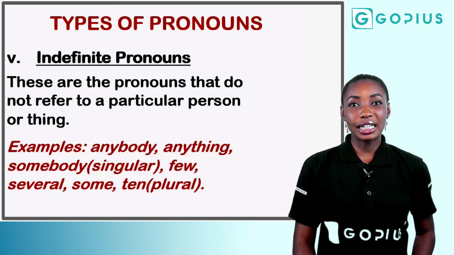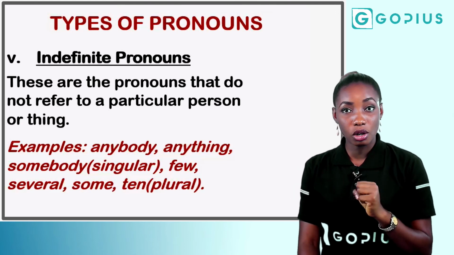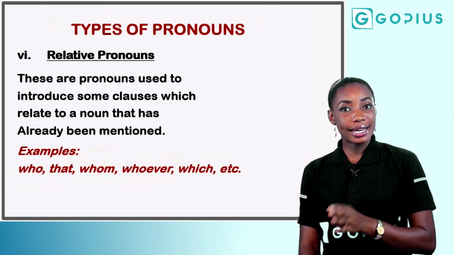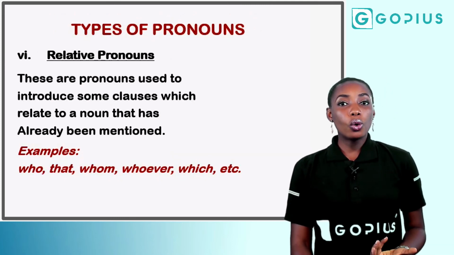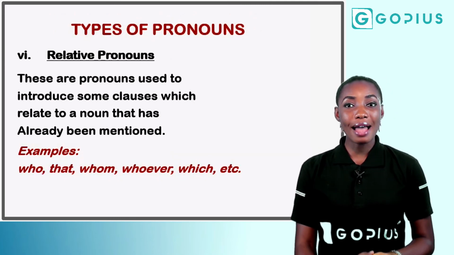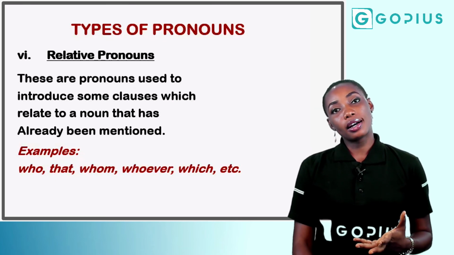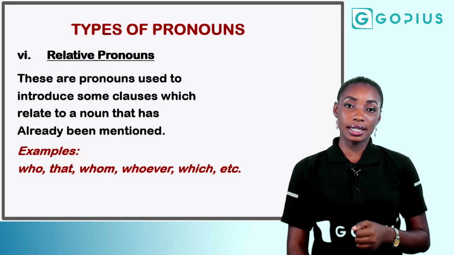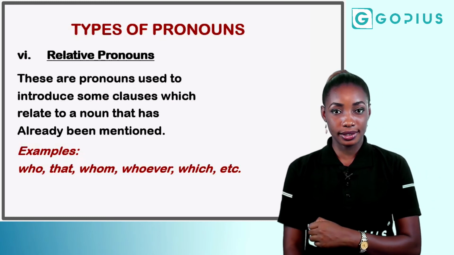We also have the relative pronouns. These are pronouns used to introduce some clauses which relate to a noun that has already been mentioned. Who, that, whom, whoever, which. An instance of a relative pronoun used in a sentence is, the boy whose father died yesterday.